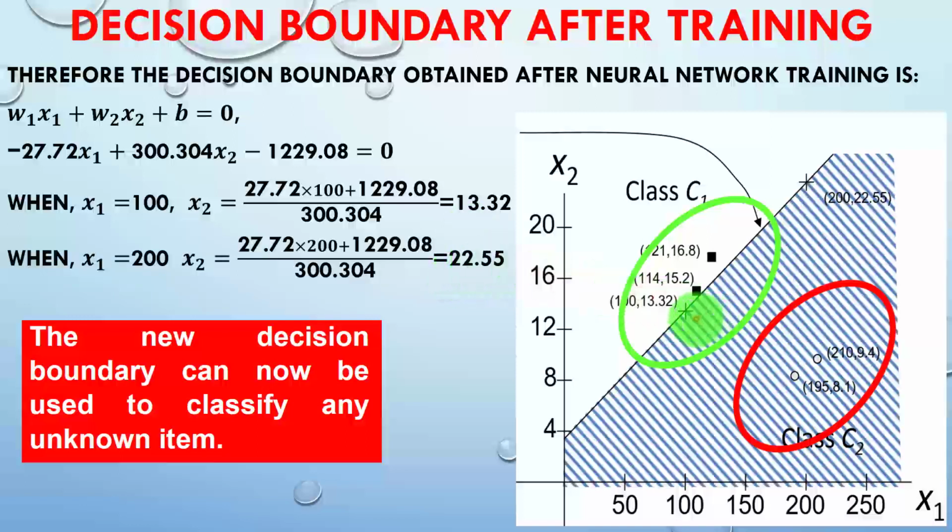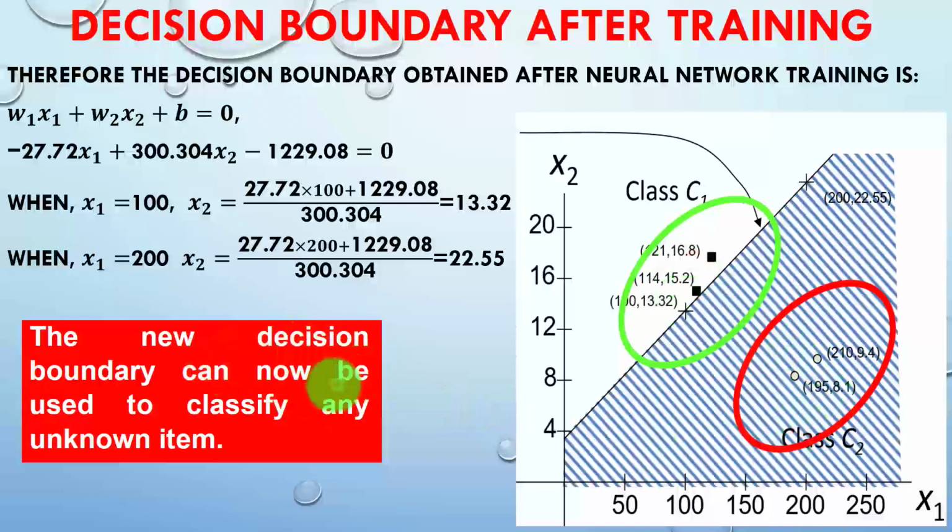So these are the two points now: 113.32 and 222.55. So this is the line. Now it's very good. This line separates the two classes very well: this is one class and this is another class.